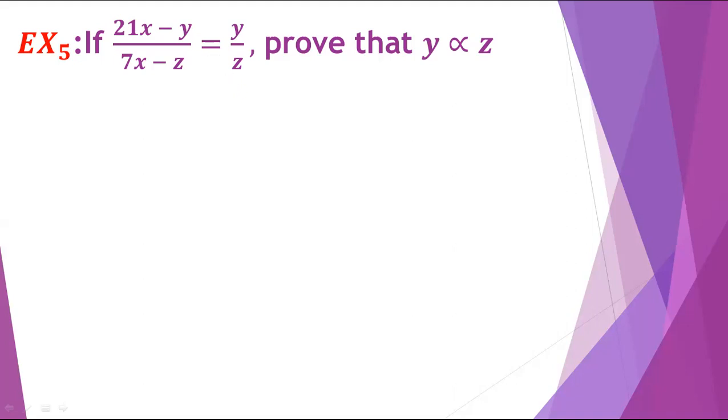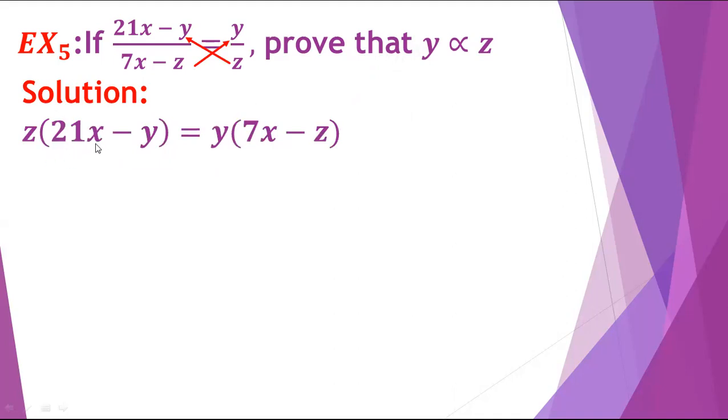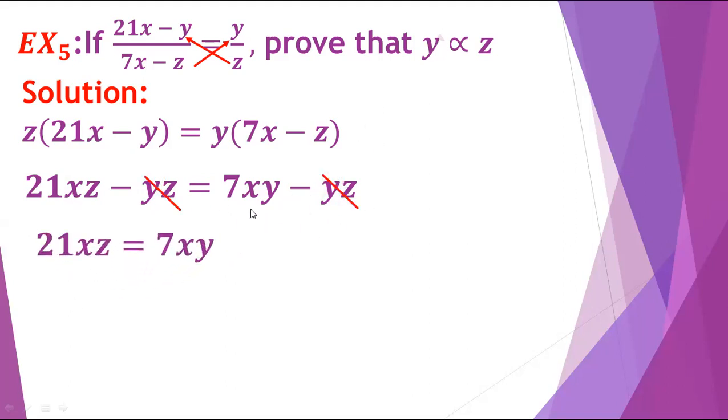So I will take the first ratio equals the second ratio by cross multiplication: z times open bracket 21x minus y equals y times open bracket 7x minus z. 21xz minus yz equals 7xy minus yz. Write the letters in order. Left hand side, right hand side: negative yz, negative yz, cancel it. Then 21 can cancel x, cancel x.